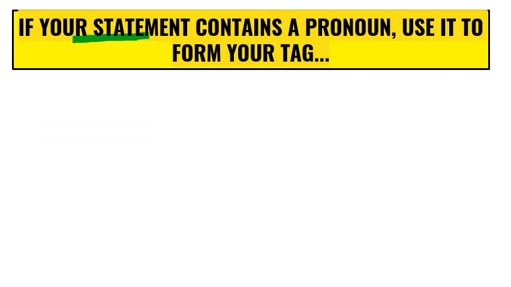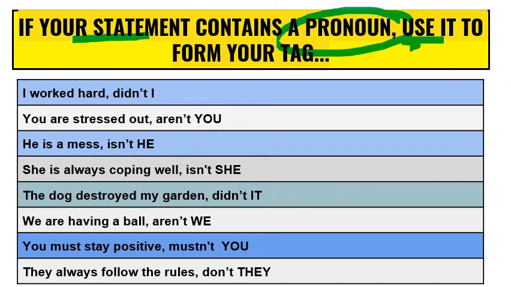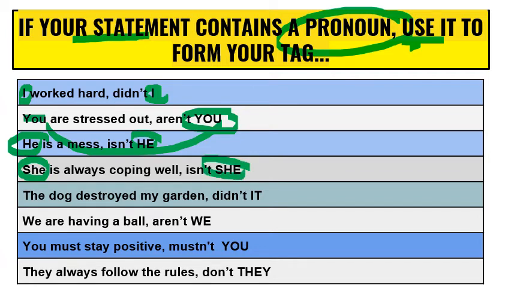If my statement contains a pronoun, I'm going to use that to form my tag. For example, I worked hard, didn't I? You are stressed out, aren't you? He is a mess, isn't he? She is always coping well, isn't she? The dog destroyed my garden, didn't it?